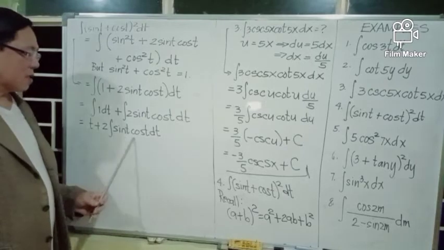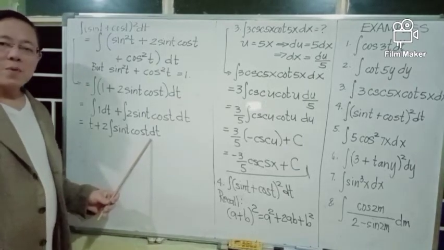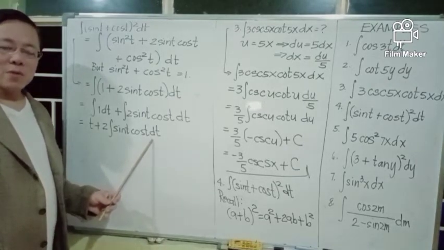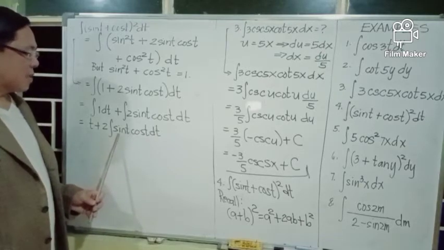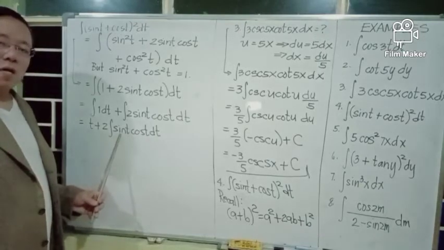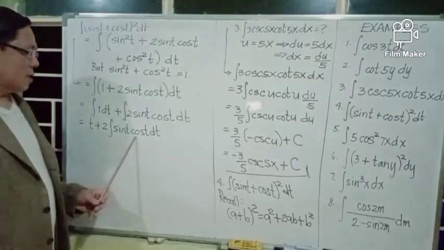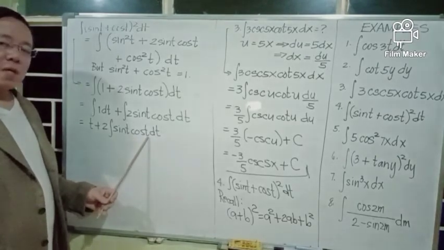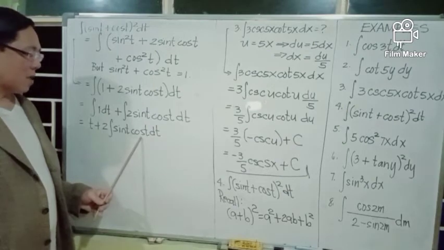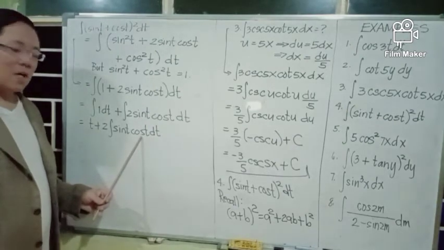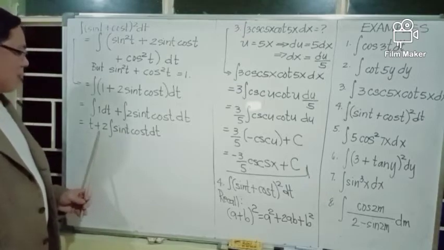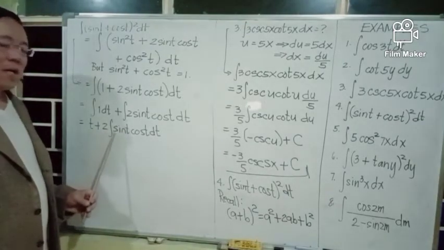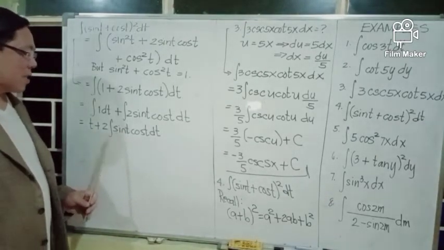In the second integral, we will make use of a substitution. You note that the derivative of sine t is cosine t. Or you may let u be equal to cosine t. The derivative of cosine t is negative sine t. But you will have a negative here.